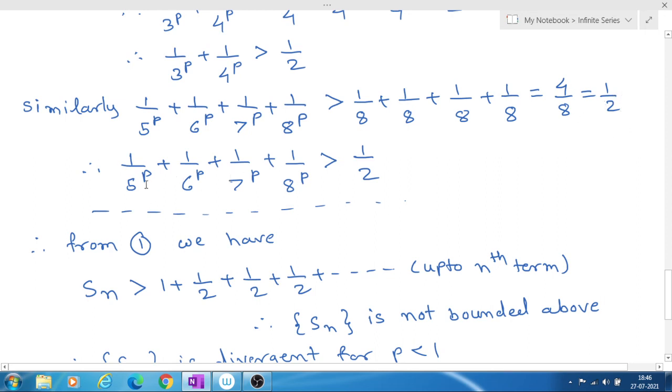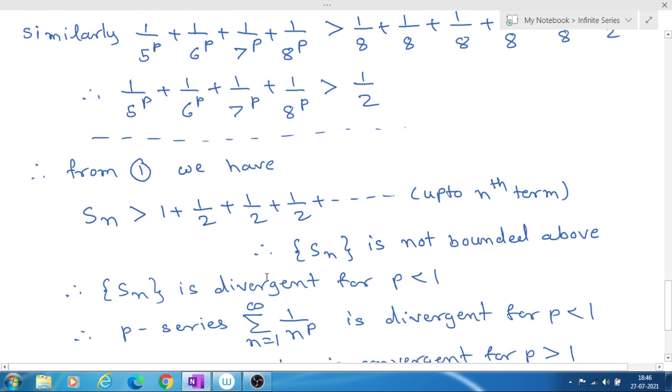Therefore the sum of these 4 terms is greater than 1 upon 2.